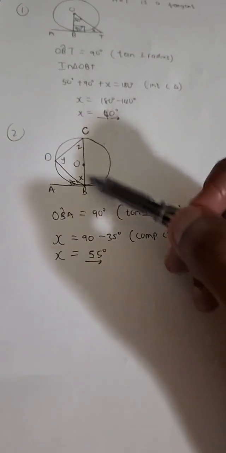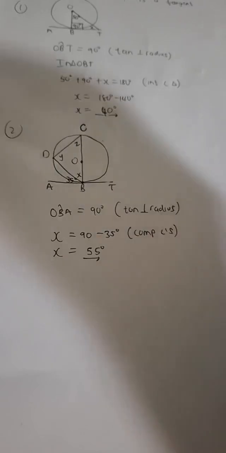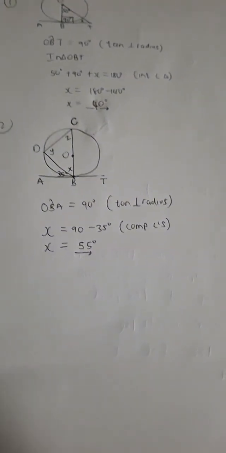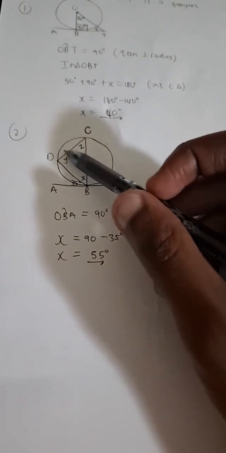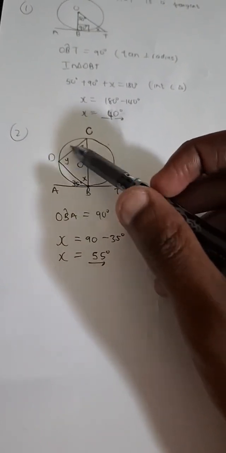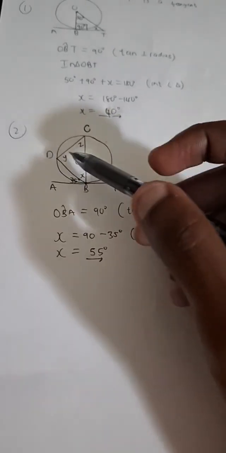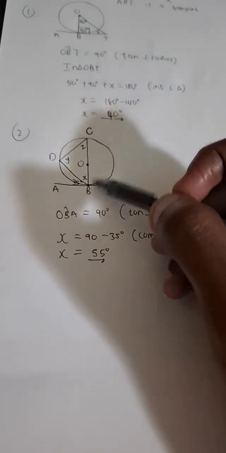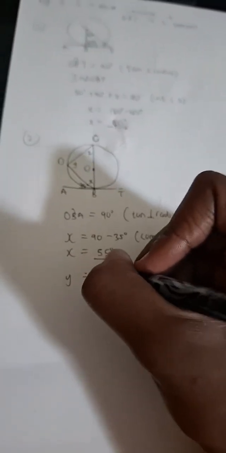You see that COB is the diameter, since this is a line passing through the center to the other side of the circumference. So what does that tell you? The value of y. We can find the value of y immediately. Because this is the diameter, we say y is equal to 90 degrees.